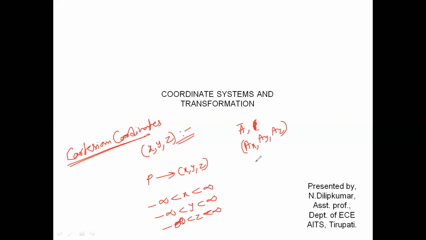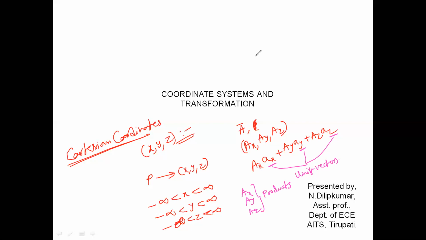If you want to represent it in the form of an equation with unit vectors, it is Ax times ax plus Ay times ay plus Az times az. Here, small ax, small ay, small az are the unit vectors of the respective axes, and Ax, Ay, Az are the products with the respective unit vectors.